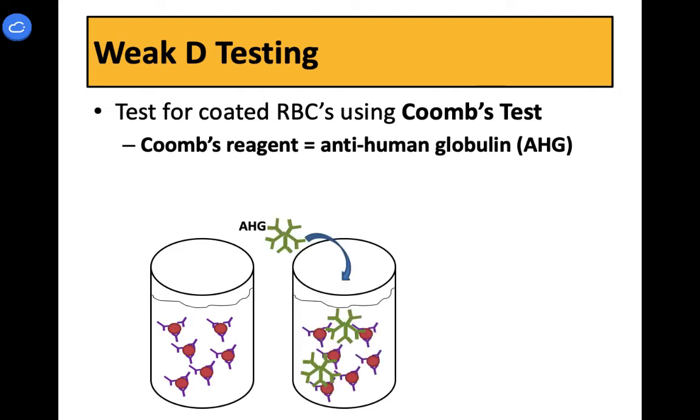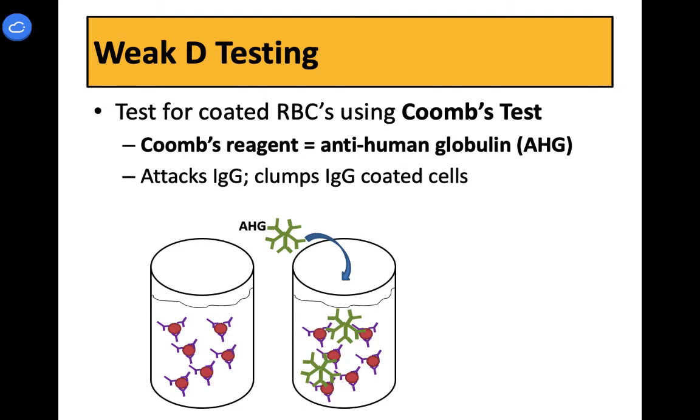What happens is, if you have these little red cells coated with antibodies, you add another antibody that attacks the antibodies coating the red cells. So that actually attacks like the little handles on the Y. This is AHG, antihuman globulin. When you do that, that will attack the antibody on the red cells, which then will cause clumping.